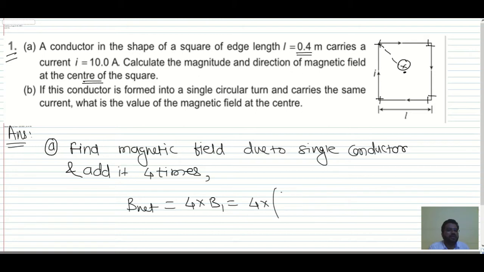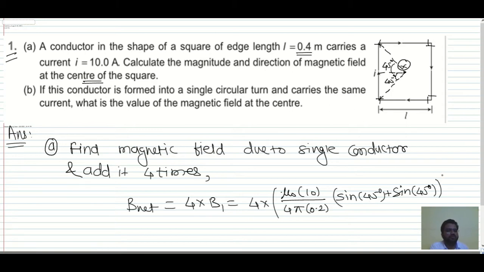It is a square. So we have this 45 degree, and alpha we have 45 degree, beta we have 45 degree. mu naught I divided by 4 pi r: I is 10 ampere, divided by 4 pi r, where r or d over here is this length, and that is 0.2, into sin alpha, that is 45 degree, plus sin beta, that is 45 degree.